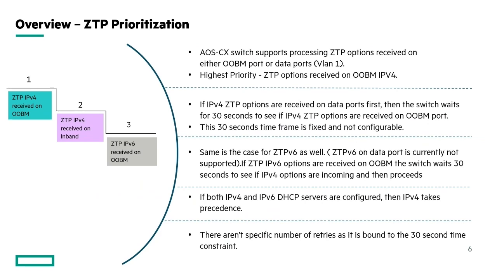When IPv6 options are received on the OOBM, the switch applies the same 30-second waiting logic to ensure no higher priority IPv4 options are available. One important point to note here is that ZTP does not specify retries. Instead, the process is governed by a 30-second constraint for detecting the higher priority ZTP options.